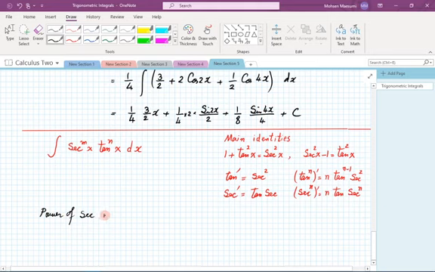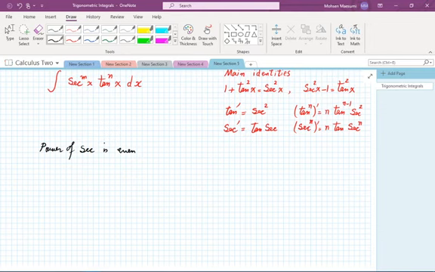What is that going to do for us? Let's take an example. Suppose I have secant to the power 6 of x, and then tangent to the power 8 of x dx. It doesn't matter what we have on the tangent.